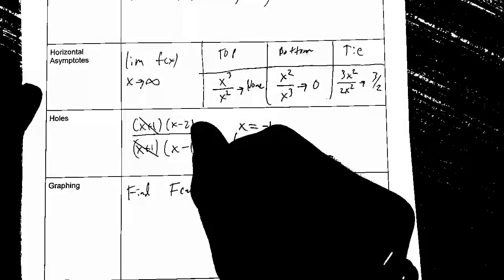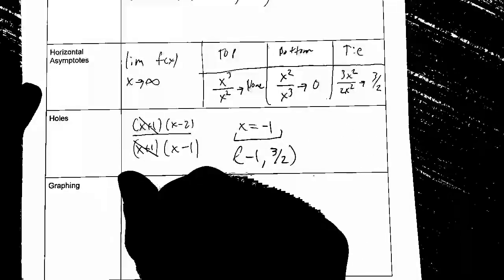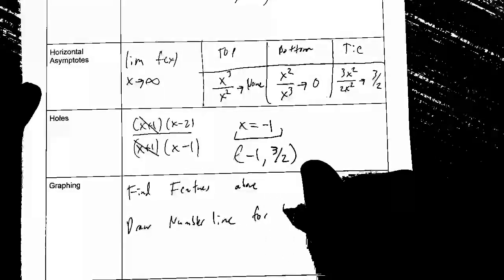When we graph, you want to find features above, basically, and then draw a number line for behavior.